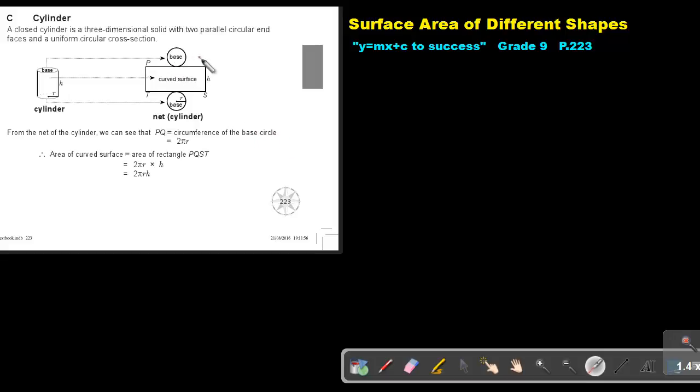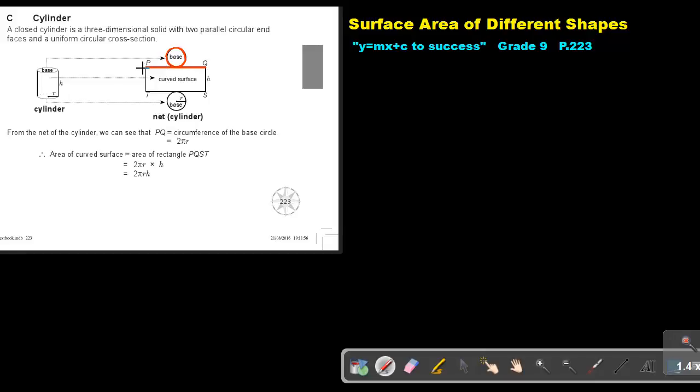So PQ will fit exactly around the circumference. I'm going to try to highlight it and draw this for you.